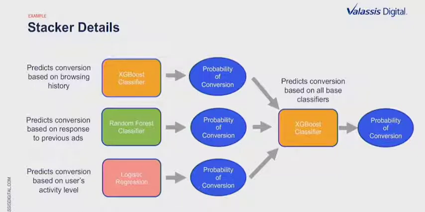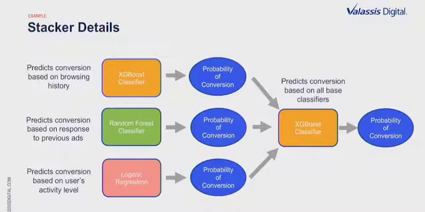For example, what time of day is the user active and how active is the user in general. So each of them is going to produce a probability of conversion. And all those are going to go as inputs into another XGBoost classifier. And that's going to make the final prediction of the probability of conversion.